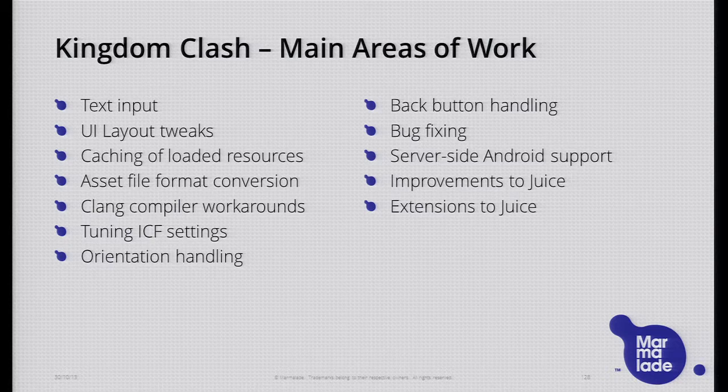There were a few UI layout issues we had, mostly because the font rendering didn't quite exactly match what happened on iOS, so we had to make a few tweaks here and there. In order to get performance up, we needed to cache various assets as we loaded them, like the nib files and the images. Juice allows us to do this, so we just basically configured and tuned that. Asset file formats, so depending on the device, certain formats aren't supported.